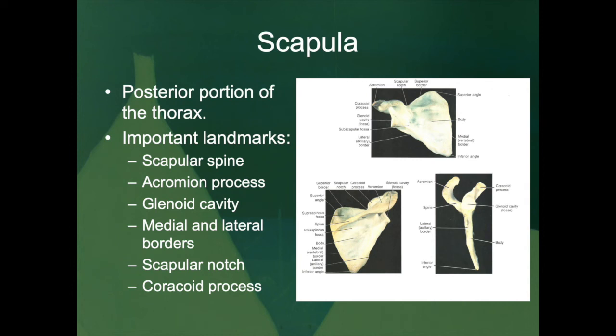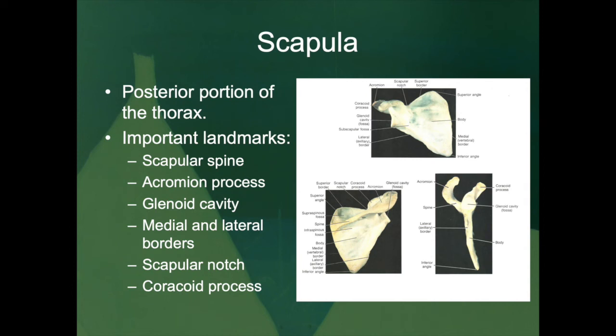All right, then we have our borders, the vertebral border or medial border, and then a lateral or axillary border. These are thick areas along the edge of the bone itself and generally are well preserved. As you move to the interior of the bone, you take a look at that fossa that exists on the ventral surface of the bone when it is articulated in the shoulder and within the skeletal anatomy itself.